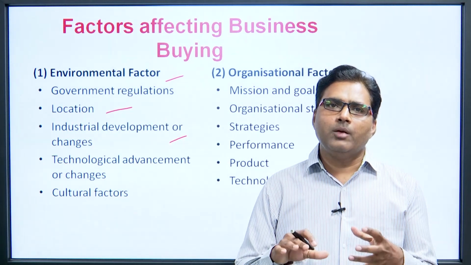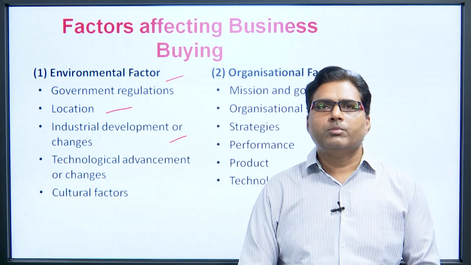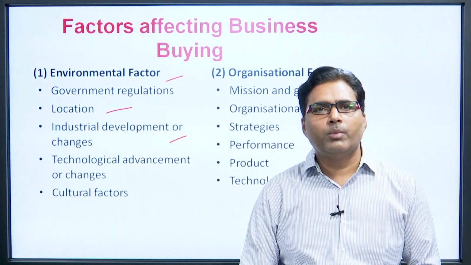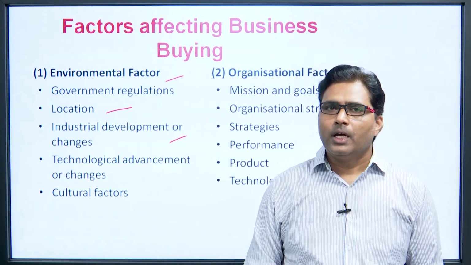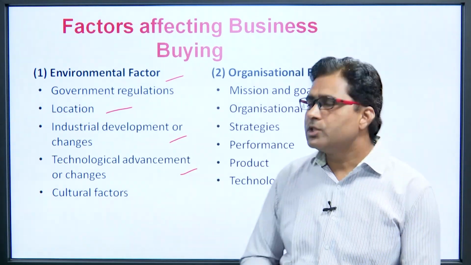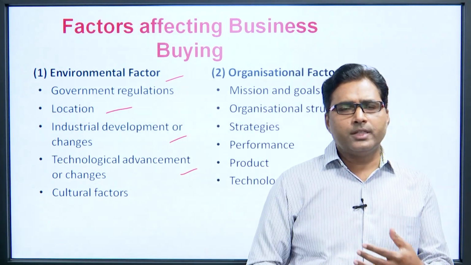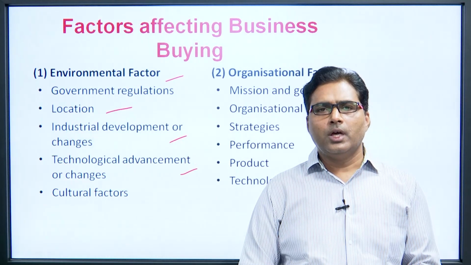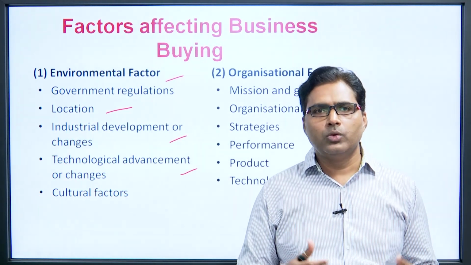It means direct impact can be seen on the business buying for industrial development or the changes. Then comes technological advancements or changes. As soon as technology changes, every day we are coming up with new technology.